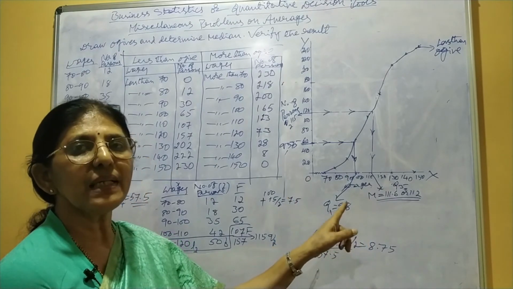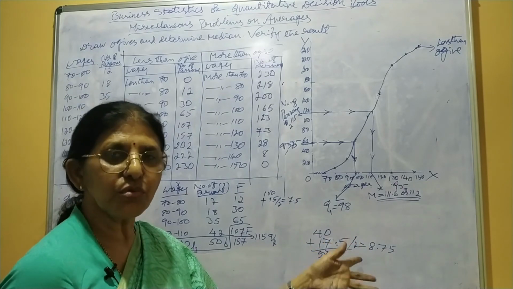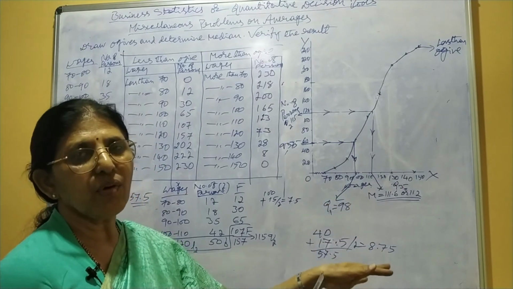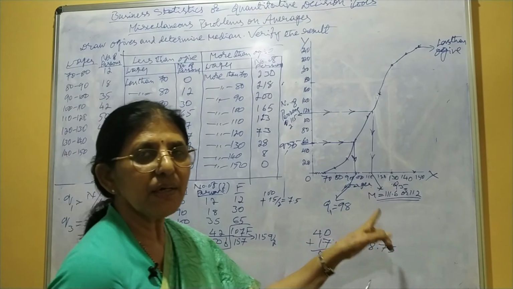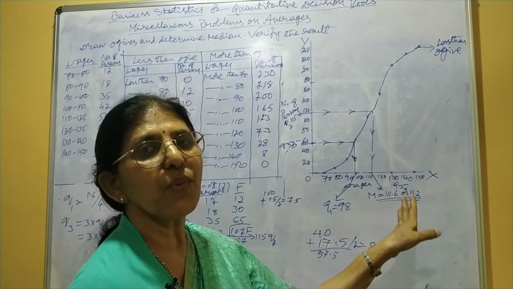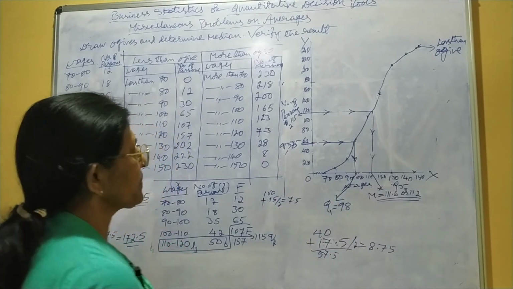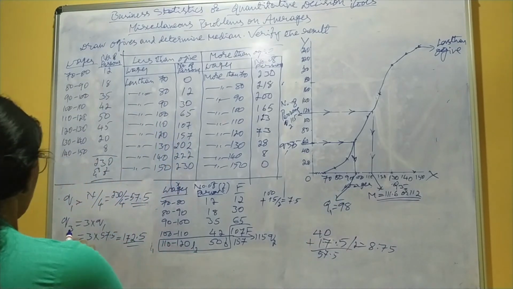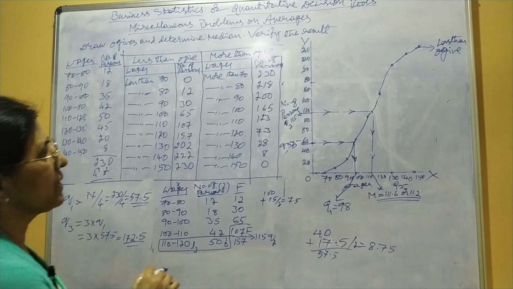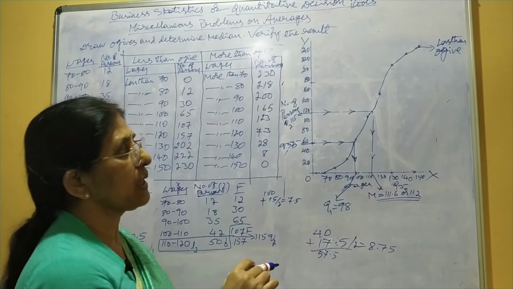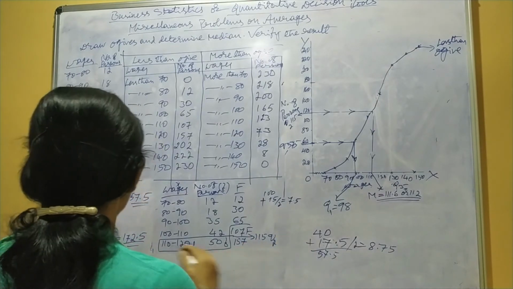In case of the median, in the place of q1 we take q2, that's all. When you come to the upper quartile Q3, then you take small q3. That is the difference. Now here it is Q1. In the same manner, we have to locate small q3 to find the upper quartile.